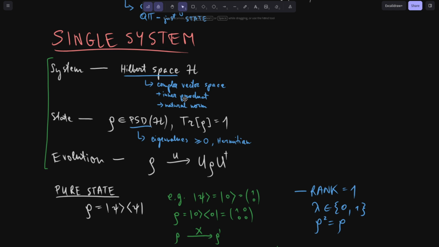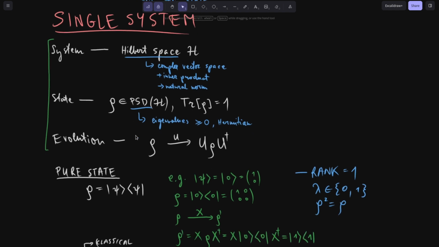Or to be more precise, it should be a PSD operator. PSD matrix means that it's positive semi-definite. What does it mean? Its eigenvalues all are non-negative, 0 or more than 0. And yeah, the matrix is Hermitian. We're gonna talk about it.